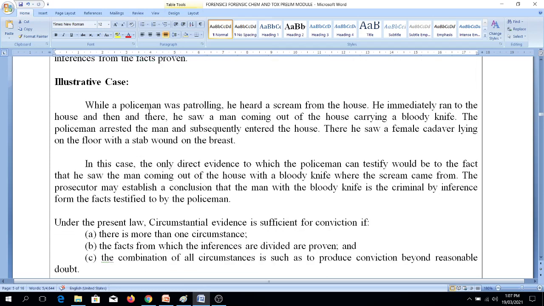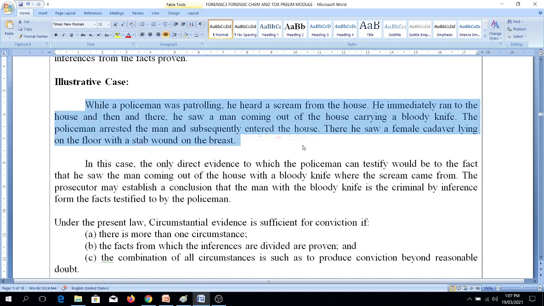While a policeman was patrolling, he heard a scream from a house. He immediately ran to the house, and there he saw a man coming out carrying a bloody knife. The policeman arrested the man and subsequently entered the house. There he saw a female cadaver lying on the floor with a stab wound on the breast.